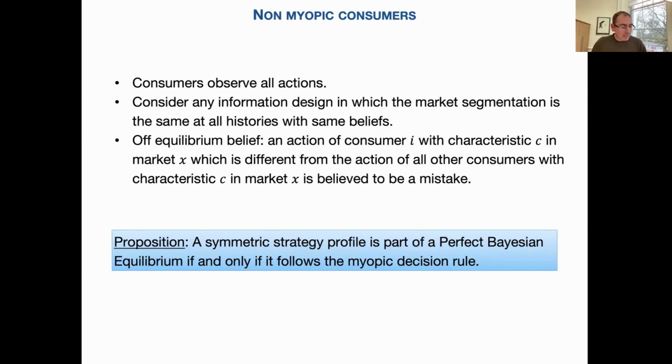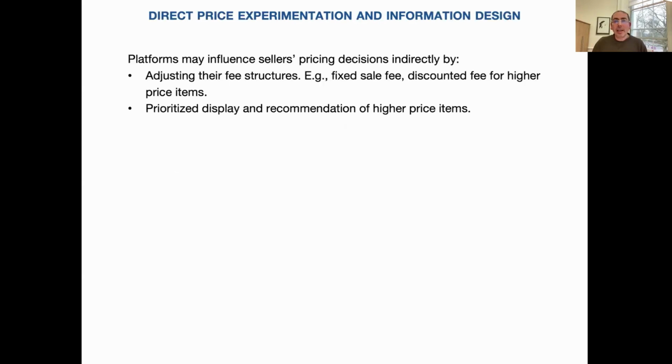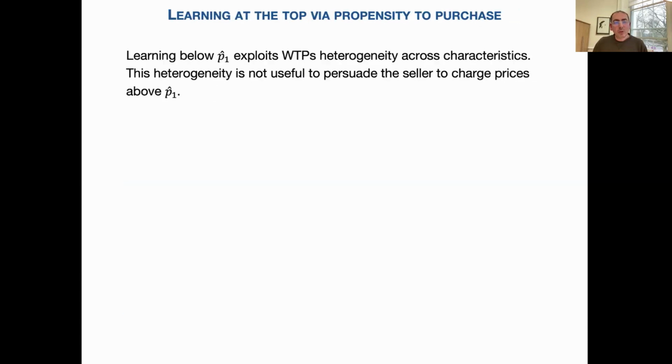And the other thing that I want to talk about, since I only have 5 minutes, is how to break the result on the top. We show that you cannot learn at the top. So learning below P1 exploits heterogeneity in the willingness to pay across characteristics. This is what we saw in the second part.